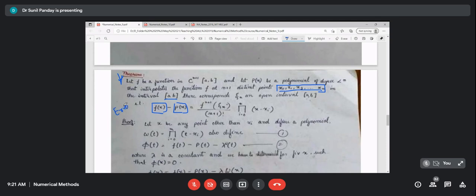The error in the interpolating polynomial is the original function minus the polynomial function, and it is equal to this one.